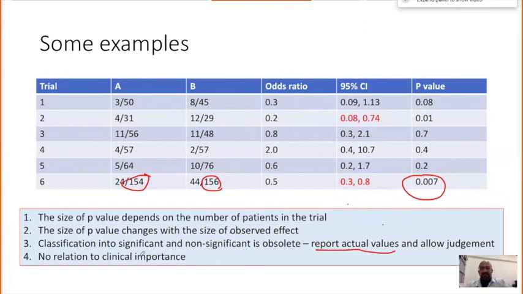And there is no relation to clinical importance. So in this trial, we might have found that the p-value is very significant. Or you might find that if you have a sufficiently large group, you might be able to prove that giving treatment X will reduce the length of time in labor by 1 minute.